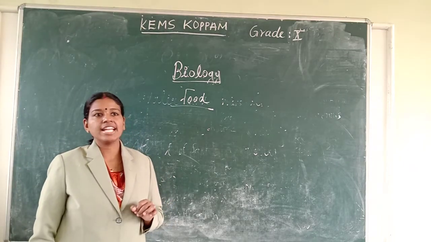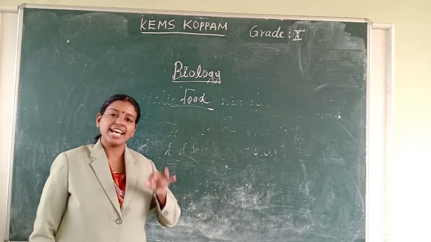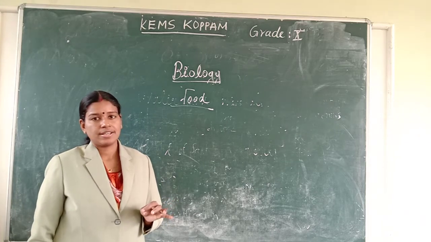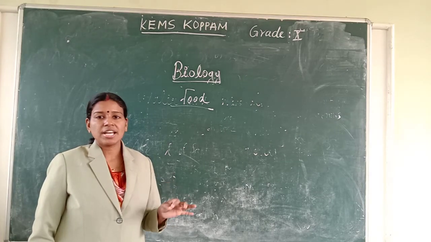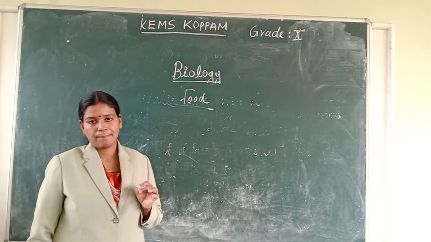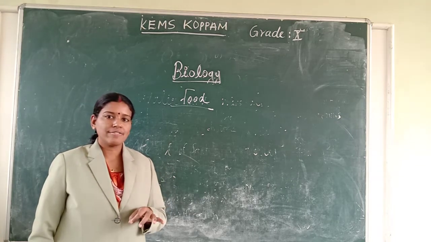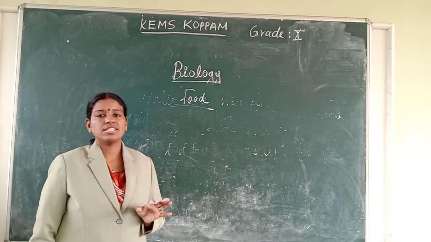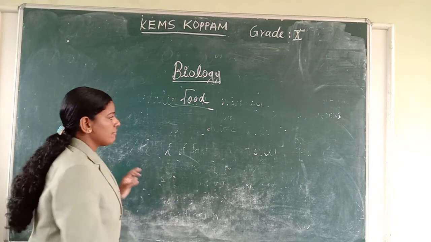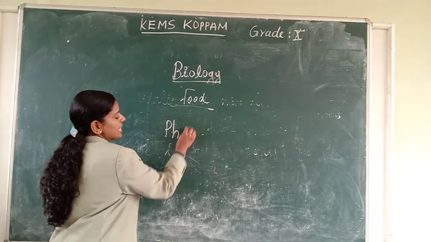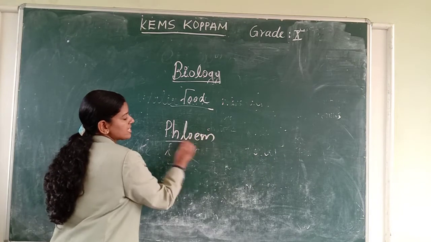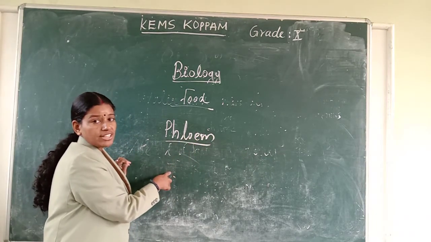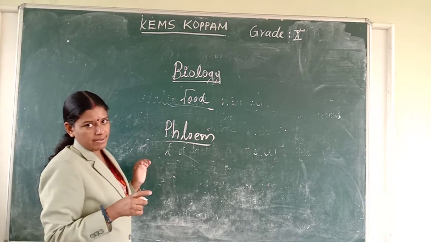We know that plants produce food in their leaves by the process of photosynthesis. Now this food has to reach every part. How is this possible? It is the phloem, a conducting tissue, that transports food material.